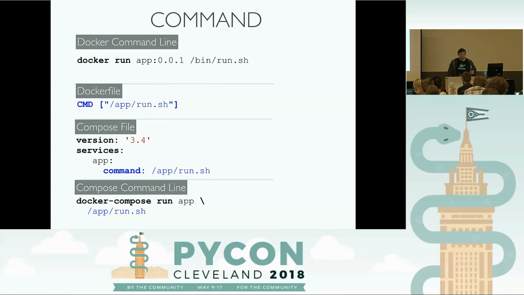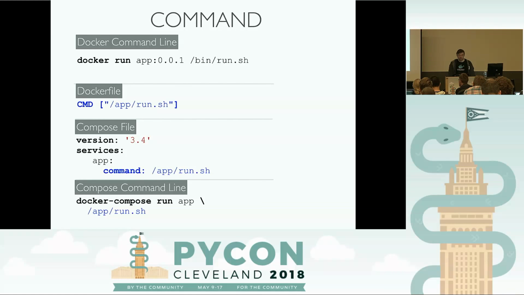So within the Docker ecosystem, there are multiple ways to run commands. And as you've seen before, you can use the docker run command to execute a command on the Docker CLI. Or in the Dockerfile, you can set a default command with the CMD argument. If you don't provide an argument to docker run, the CMD in the Dockerfile is what will run.